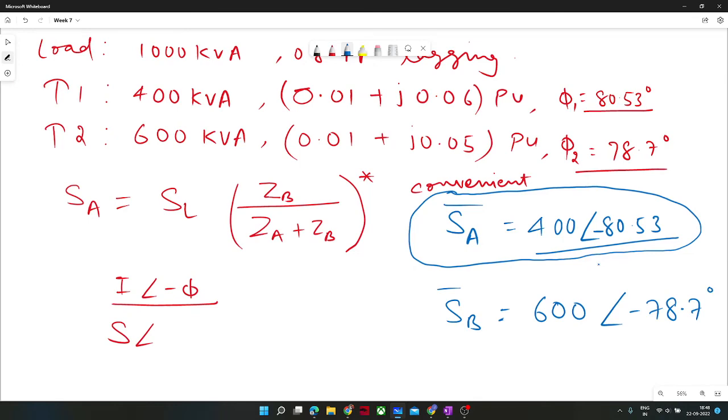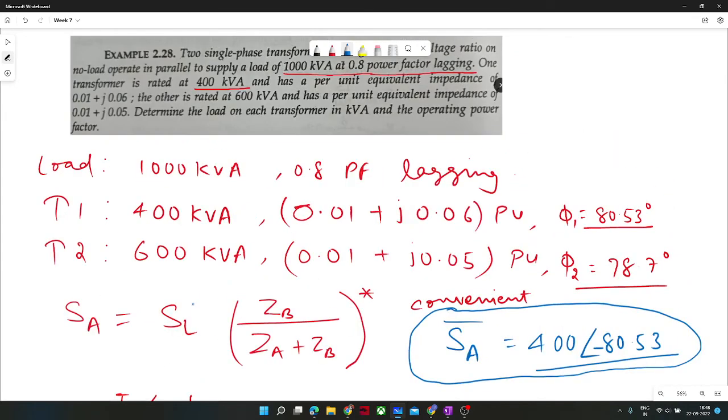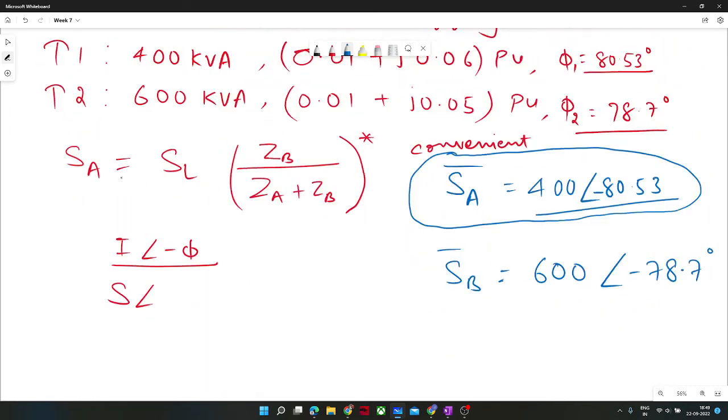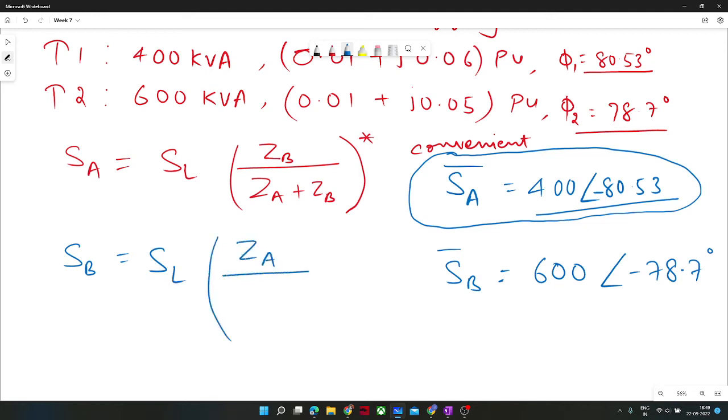Now we had to calculate the load on each transformer. So, SA formula would be this. Similarly, I can write SB, which is equal to SL times ZA divided by ZA plus ZB.